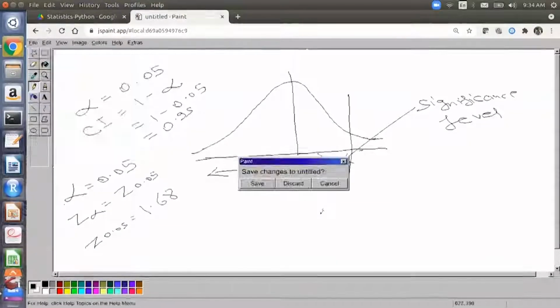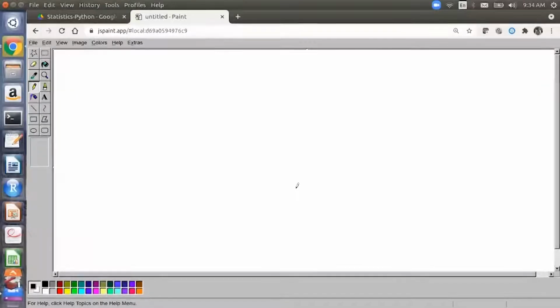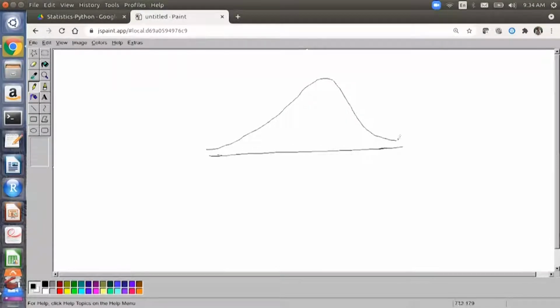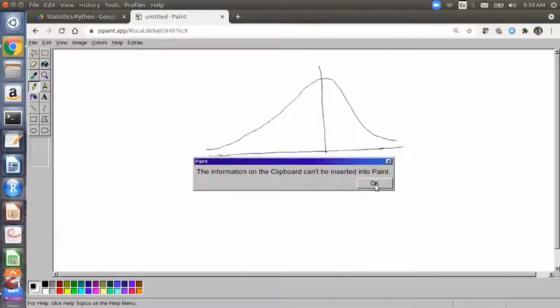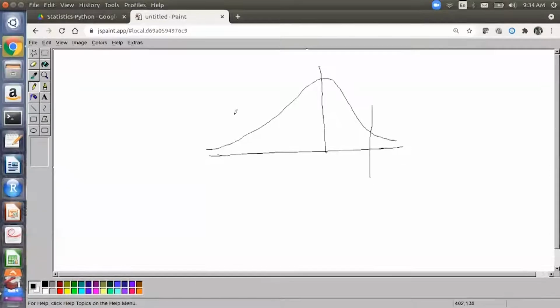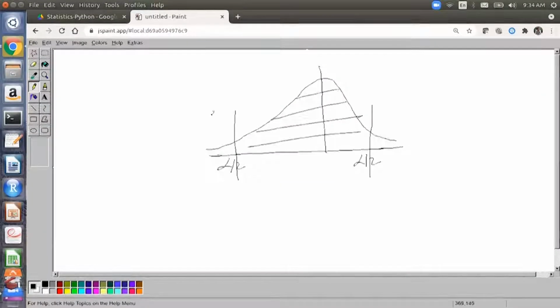Now this is one thing. Now what happens? What are these two things? Alpha by 2, alpha by 2. So this is the significant data, and both of these are significance levels.